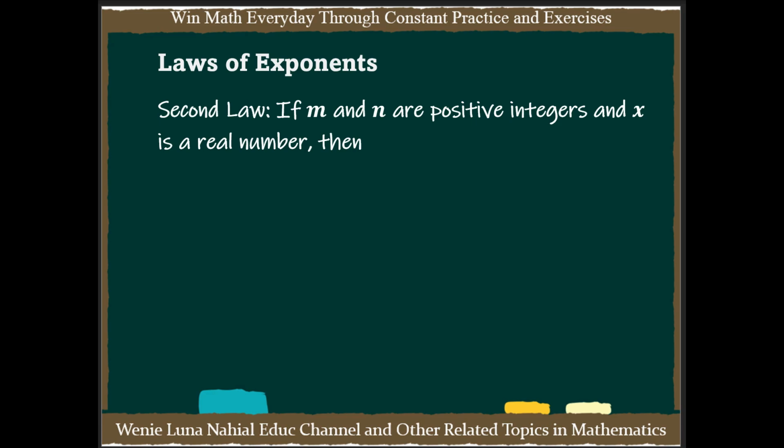The next law of exponents: if m and n are positive integers and x is a real number, then x raised to m, all raised to n, is equal to x raised to m times n.